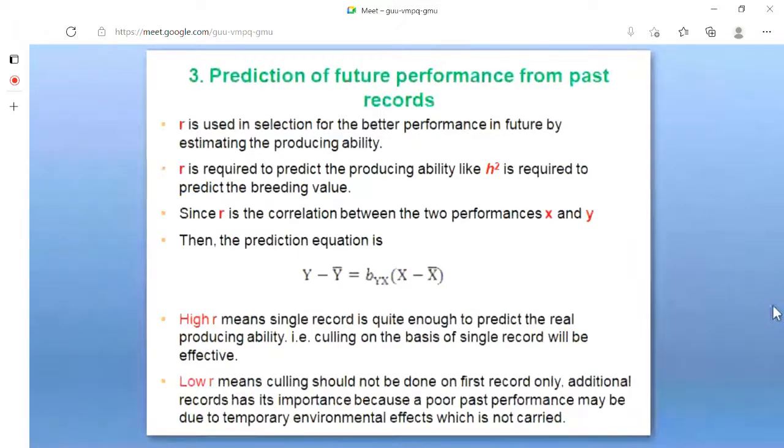If the repeatability is high, then you can expect that in the second farrowing also you may get around the same litter size, 12. That is the importance. Once we know the repeatability, you can select the animal on the basis of the first record. No need to wait for the second or third measurements.